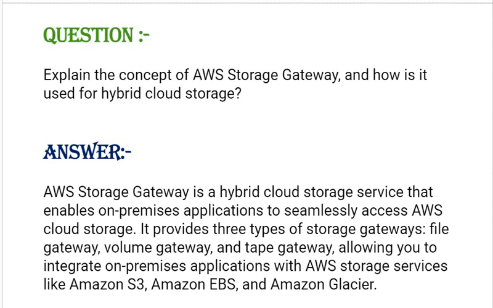It provides three types of storage gateways: file gateway, volume gateway, and tape gateway, allowing you to integrate on-premises applications with AWS storage services like Amazon S3, Amazon EBS, and Amazon Glacier.